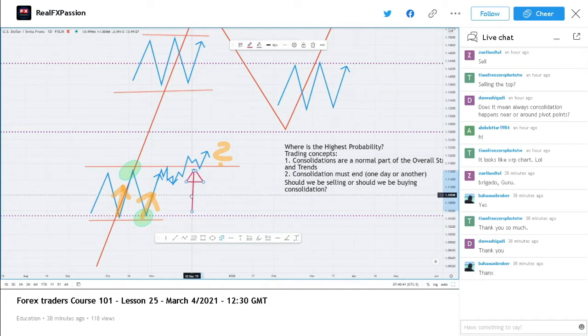Those are called, for the beginner trader, the breakout entries. Is it wise for us to enter here, everybody? Remember, there is no right or wrong.